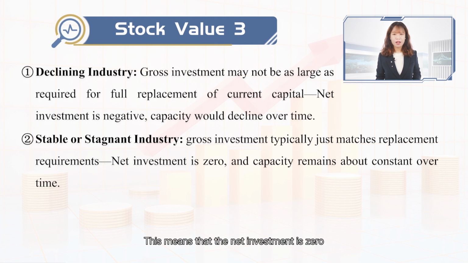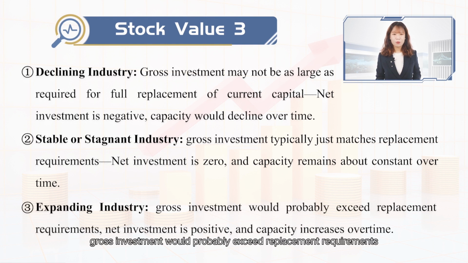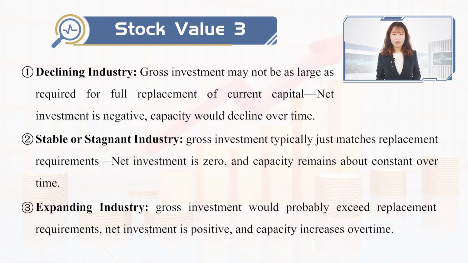This means that the net investment is zero, and the capacity remains about constant over time. In an expanding industry, growth investment would probably exceed replacement requirements. Here, the net investment is positive and the capacity increases over time.